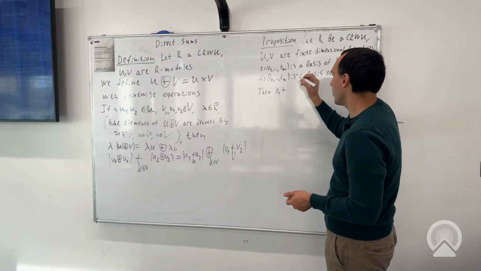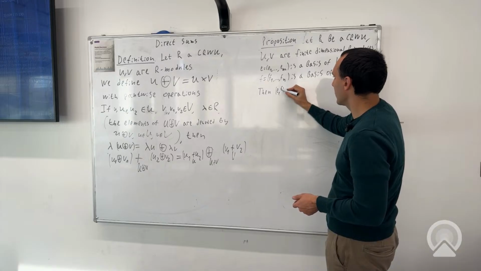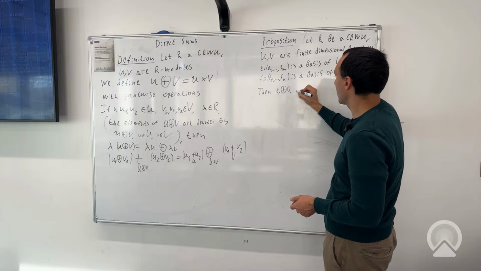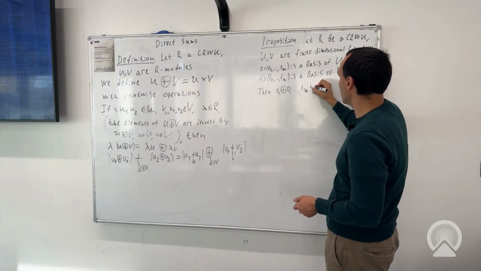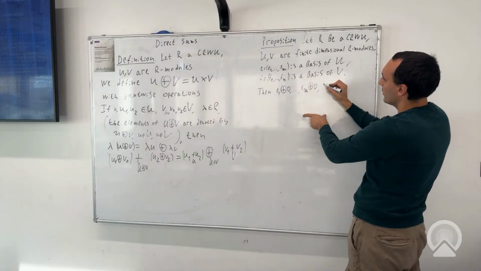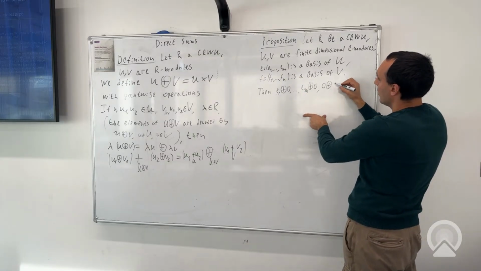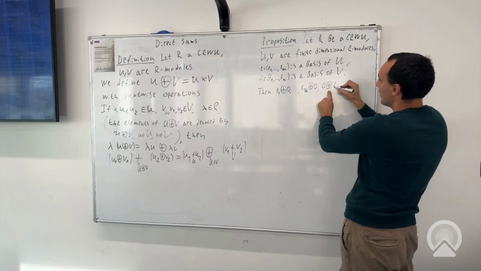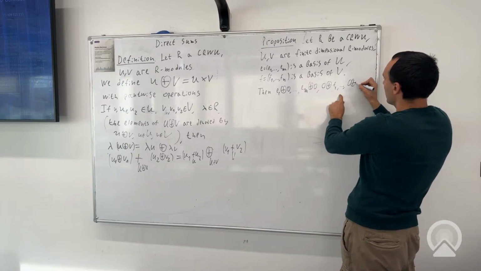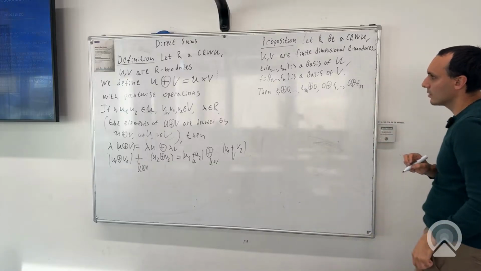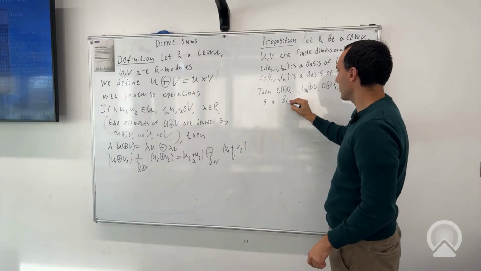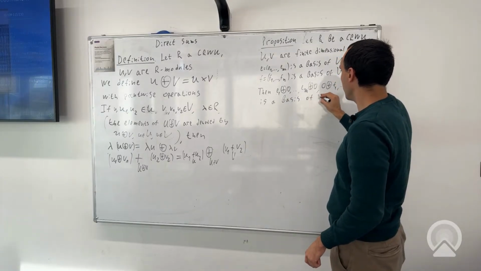E1 plus 0, En plus 0, and then we swap the vector: 0 plus F1, 0 plus Fn. This thing here is a basis of U direct sum V.